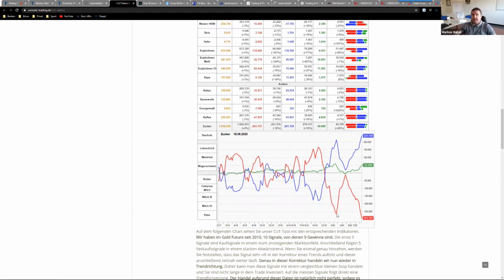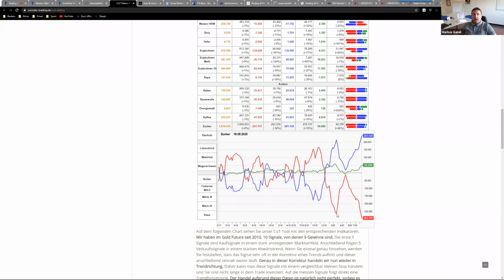For that case, they have to hedge, therefore they build up short positions. You don't have to know it very carefully, you just figure out where the extreme positions are. If you can see extreme positions, then you know that in the next time the price will go in a completely different direction.